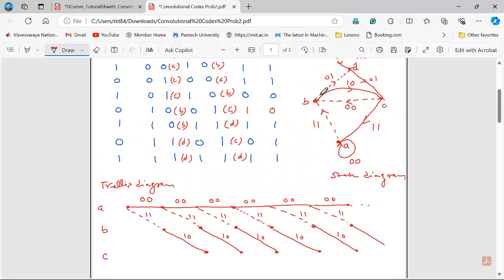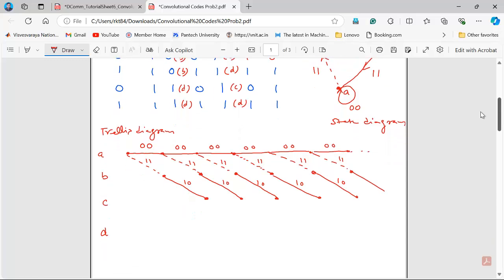What is the next transition? It is B to D, and it is 0, 1. You have to represent the next node here, because B to D you are going. All nodes are in a single column like that. B to D is represented by a dashed line.